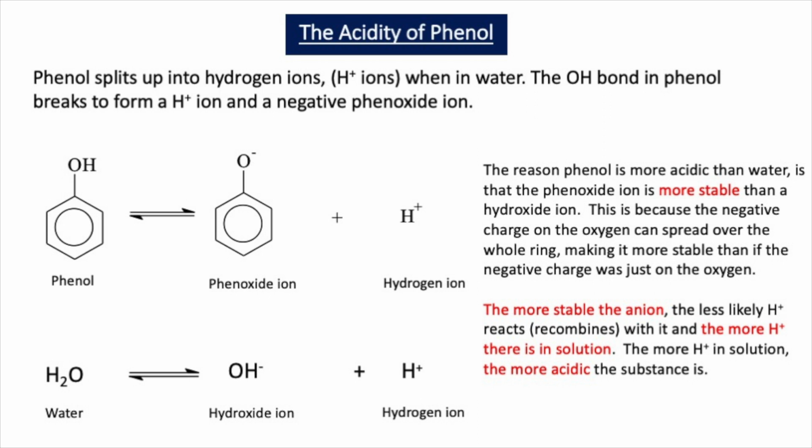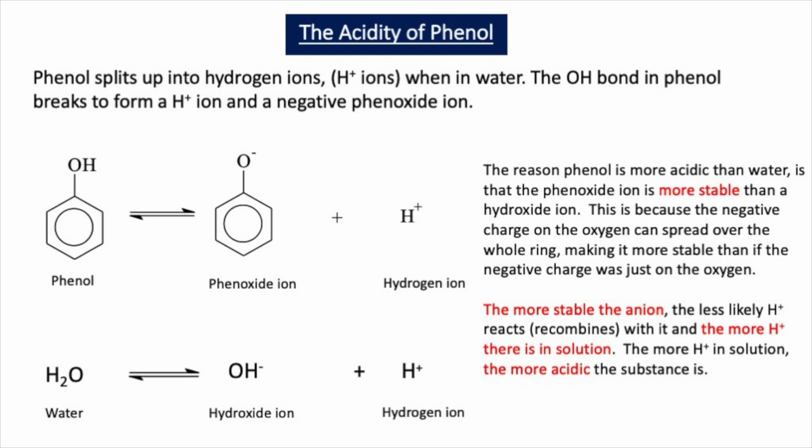Now to show why phenol is more acidic than water, I've drawn 2 equilibria here. I've drawn phenol splitting up into a phenoxide ion and hydrogen ion, and I've drawn water splitting up into hydroxide ions and hydrogen ions. And the reason that phenol is more acidic than water is because the phenoxide ion is more stable than the hydroxide ion.